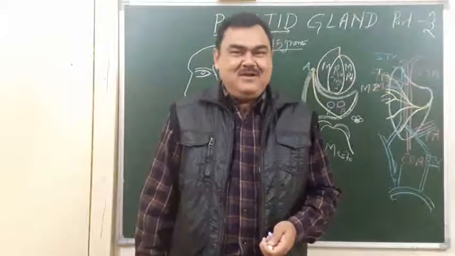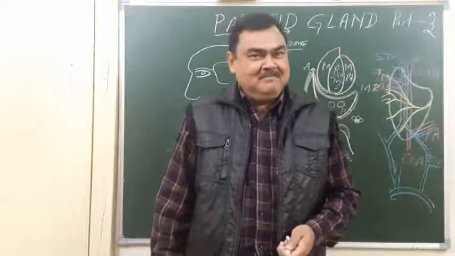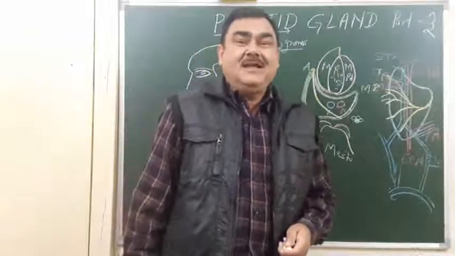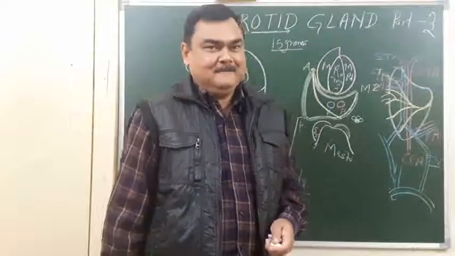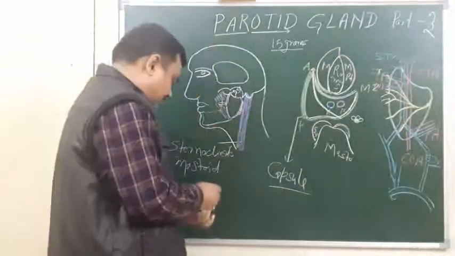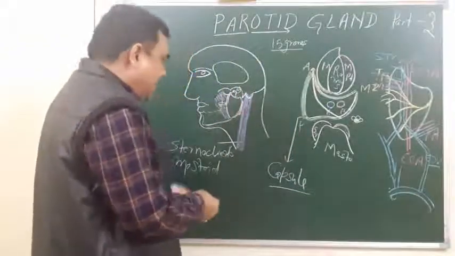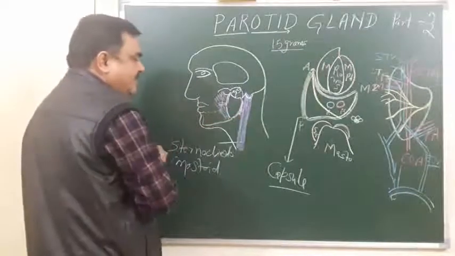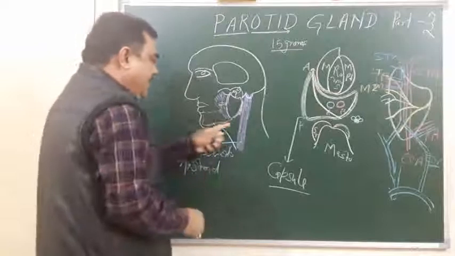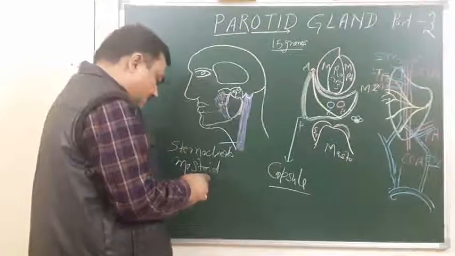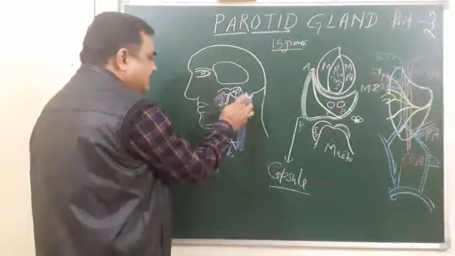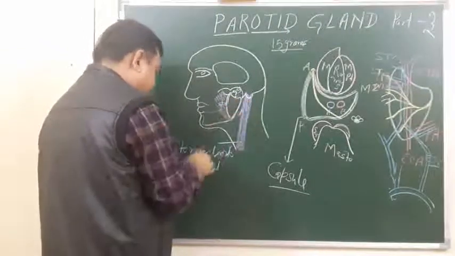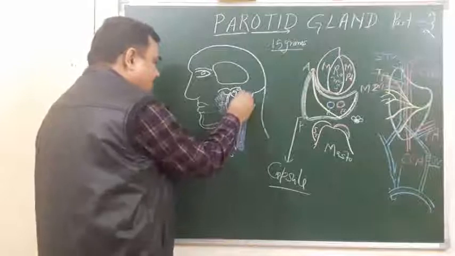Now, parotid gland part 3. In this section, we will discuss the relations of the parotid gland. It has an apex, as you have seen. Here is the modification of deep fascia, which extends from the styloid process to the mandible.